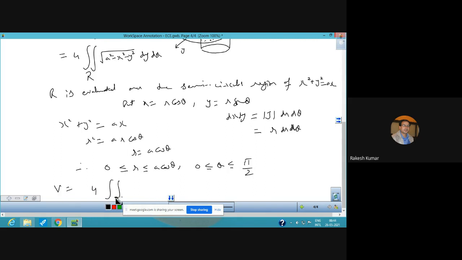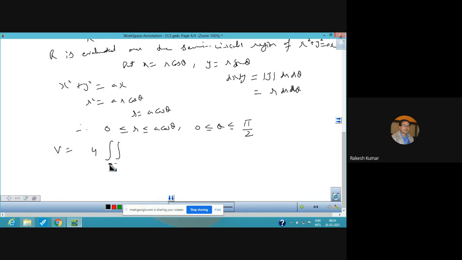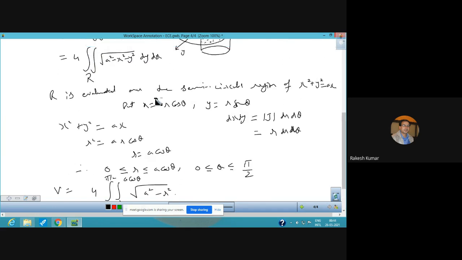So that will be 4 times volume, 4 times integral 0 to pi by 2 and 0 to a cos theta, and that is a square minus x square minus y square is r square. This value, x square minus, can be taken common, so x square plus y square is substituted as r square.